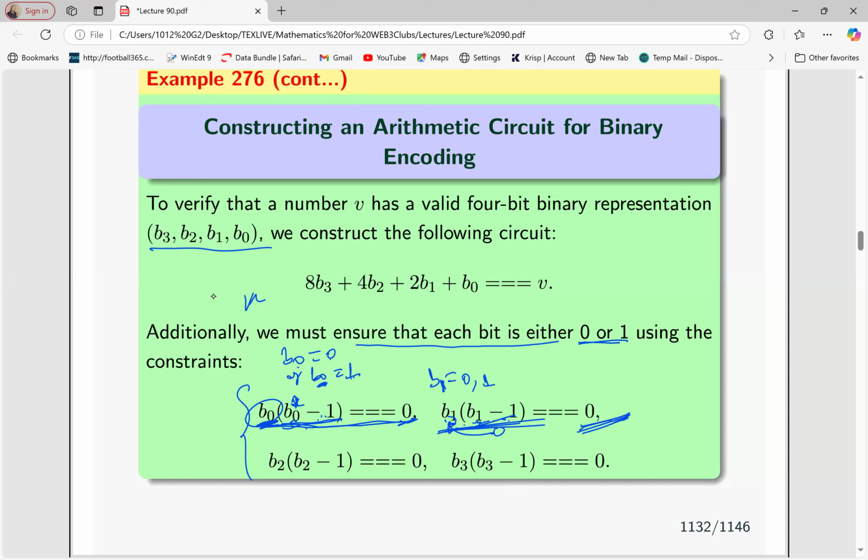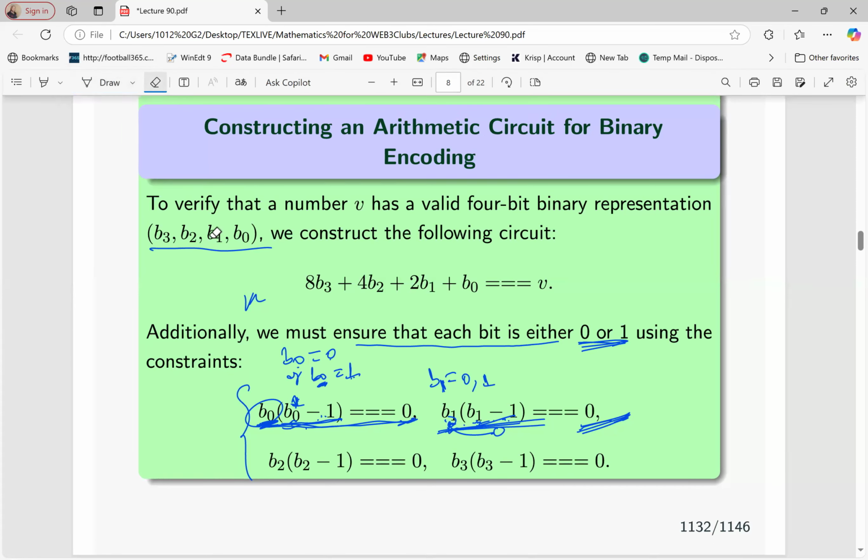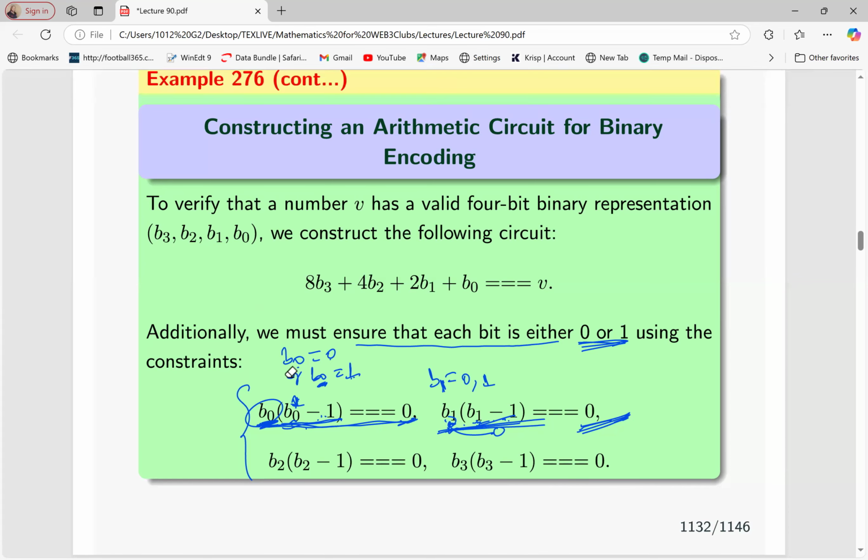So all these equations, all these constraints, will be satisfied only if B0, B1 or B2 is 0 or 1. These are constraints that ensure that the number you are dealing with has bits 0 and 1.